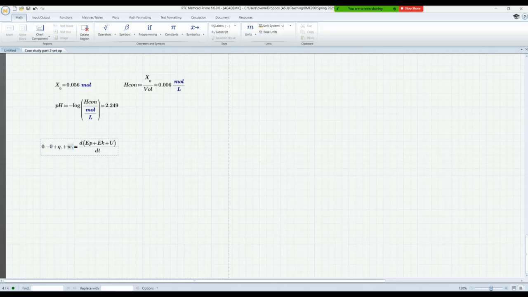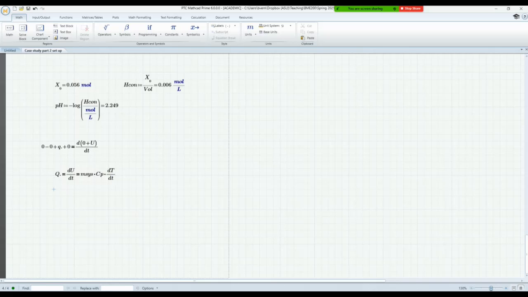And if there's no work, this is going to go to 0. If there's no potential or kinetic energy changes, which we're going to assume are negligible, then those are 0. So you end up with basically that Q dot is equal to dU/dt, where, if you remember, dU you can find as the mass of the system times the heat capacity of the system times dT.